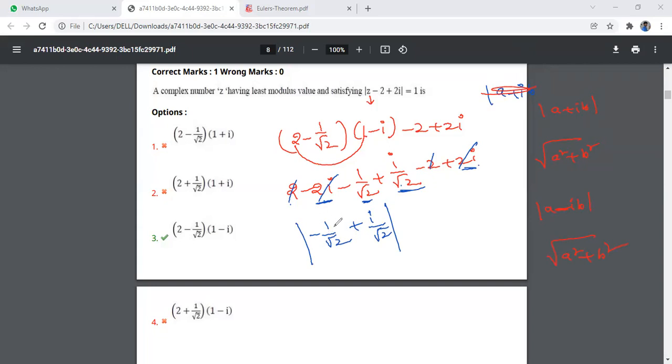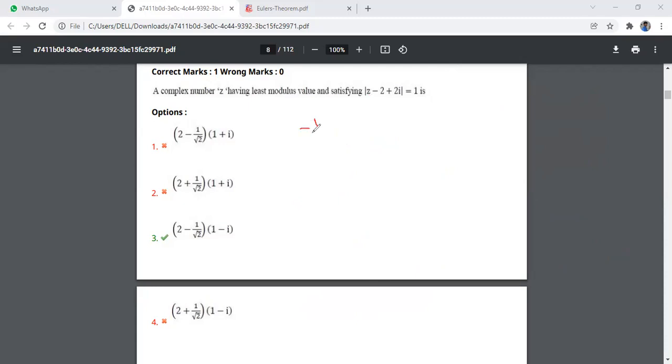There is no difference in finding the modulus whether it is minus or plus. So here, even though it is minus, we are finding the modulus value. Minus 1 by root 2 whole square will become again plus. Here, this is 1 by root 2 whole square. So the square root of 1 by root 2 whole square plus 1 by root 2 whole square. So what it will be, 1 by 2, because root 2 into root 2 means 2 only.